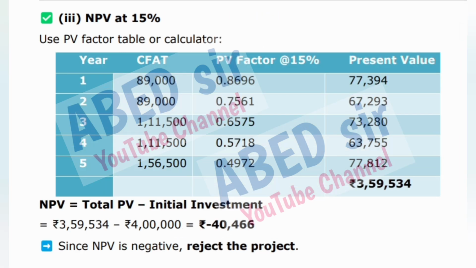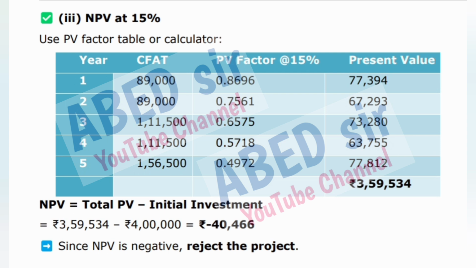3. NPV at 15%. Use PV factor table or calculator. Year, CF, PV factor at 15%, present value. Year 1: 89,000, 0.8696, 77,394.